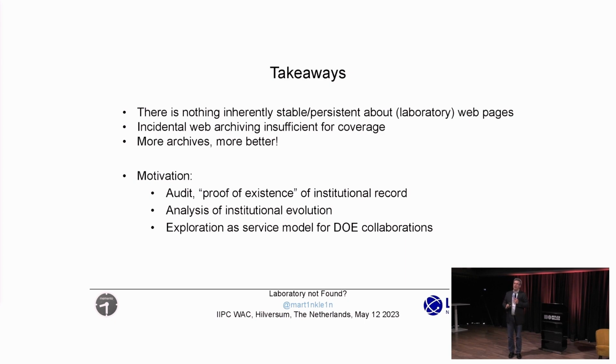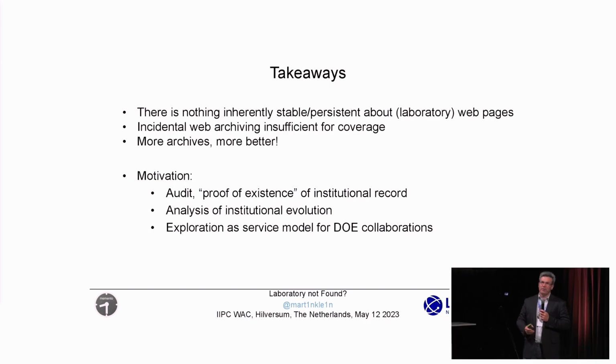We're by far not able to recover everything that's gone, so the notion of just sitting back, relying on the Internet Archive to come by and crawl it is not going to cut it. So this, what I would call incidental web archiving, is not a reliable proposition when you're looking at coverage, really, right? We've also tried to make the case for spreading the wealth, basically, right? Archiving in different places is a good thing because together they contribute individually.